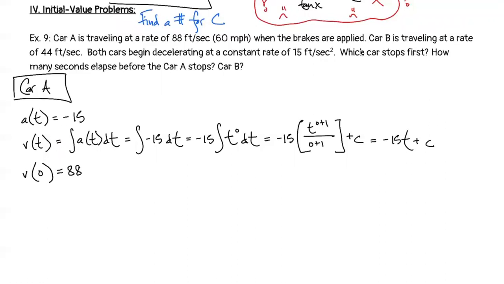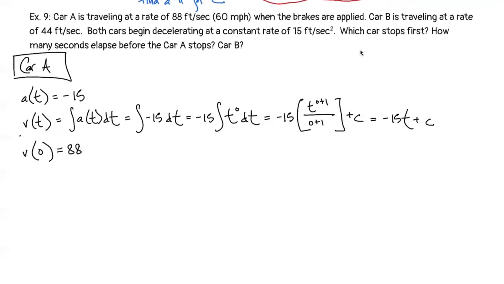So here's what we're going to do. We're going to take our velocity function, v of t equals negative 15t plus c, and everywhere we see a t, we're going to put a 0. And 88 represents v of t, the whole velocity, so we're going to substitute that as well.